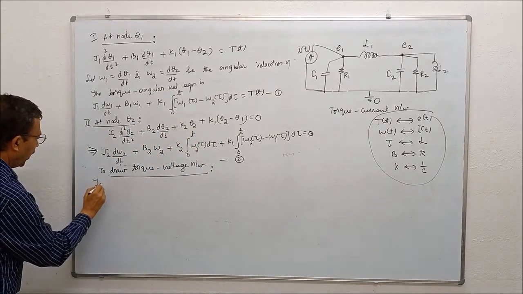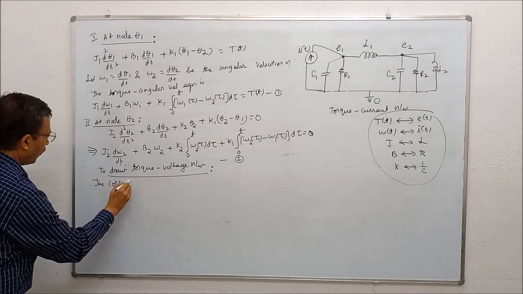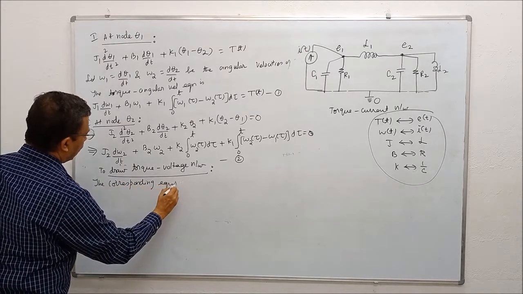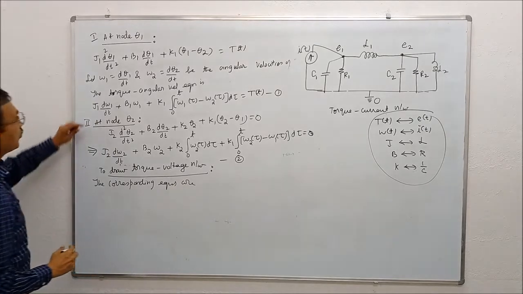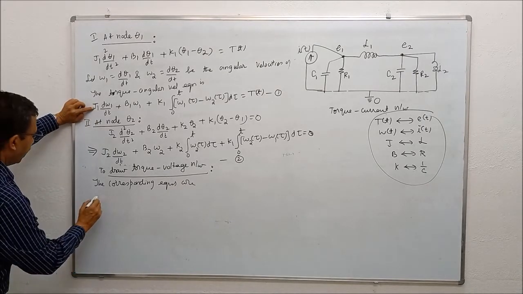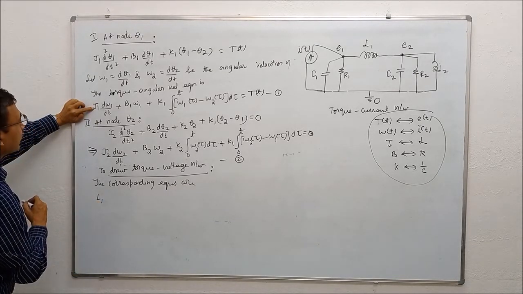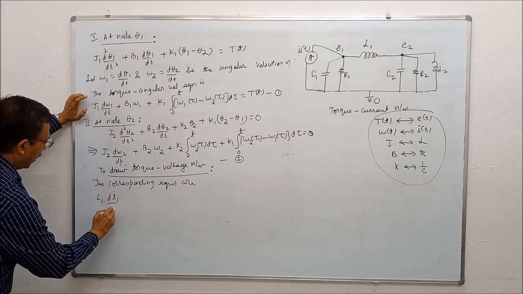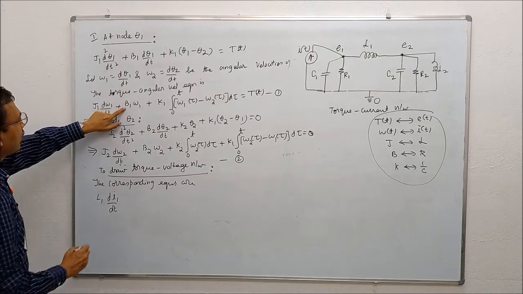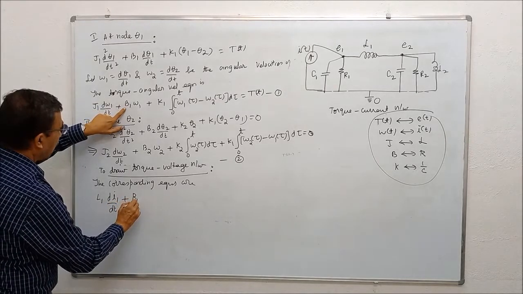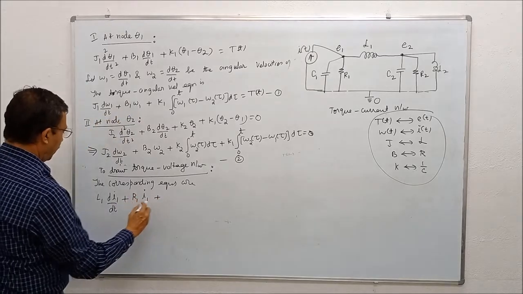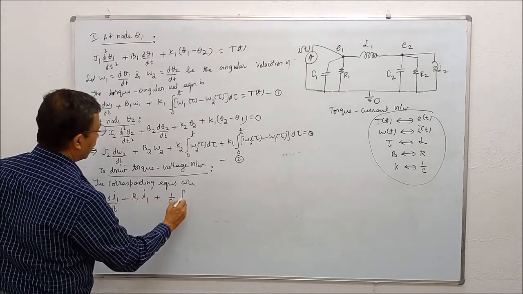The corresponding equations are, first take this. J1 is replaced by L1, ω1 is replaced by I1, so L1 di1/dt. B1 is replaced by R1, ω1 by I1, K1 is replaced by 1/C1.